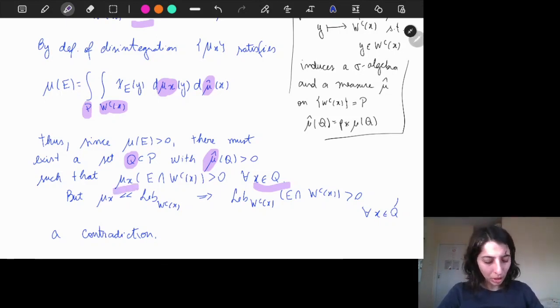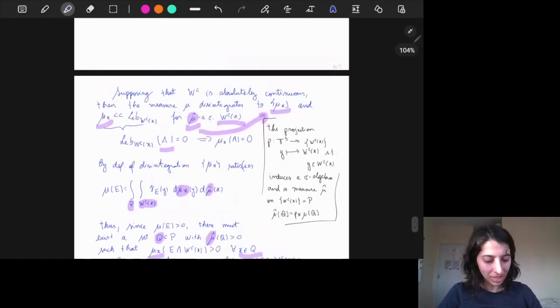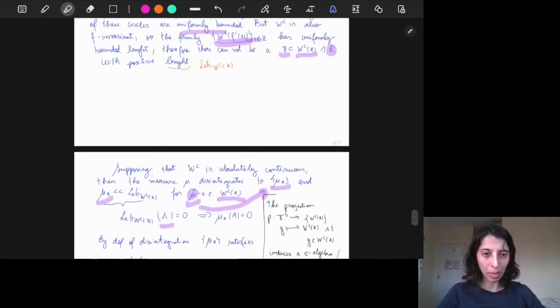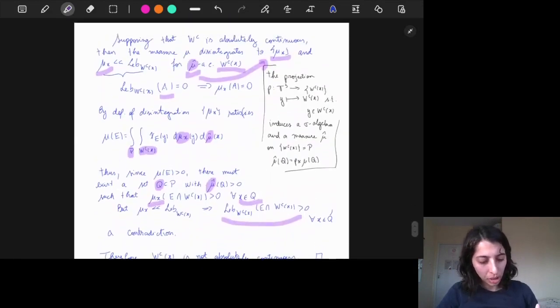But the conditional measure is absolutely continuous with respect to the Lebesgue measure on the center leaf. So this set should have positive Lebesgue measure, but we already saw that this can't have positive Lebesgue measure. So this is a contradiction, and W^c is not absolutely continuous.